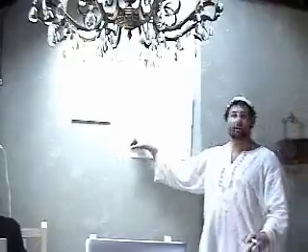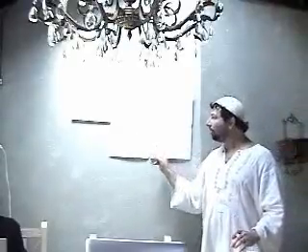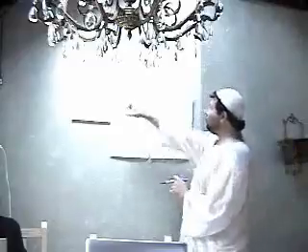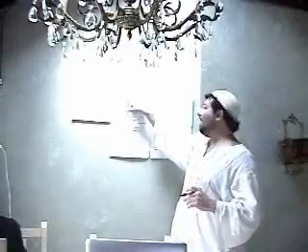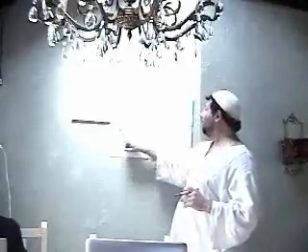But this molad of Cheshvan is irrelevant. Okay? It doesn't matter when this molad of Cheshvan falls. The only thing that matters is that Tishrei fell on the 1st of October 1997. Tishrei has 30 days, and therefore I add 30 days to this 1st of October 1997, and now my 1st of Cheshvan will fall on the 31st of October 1997.